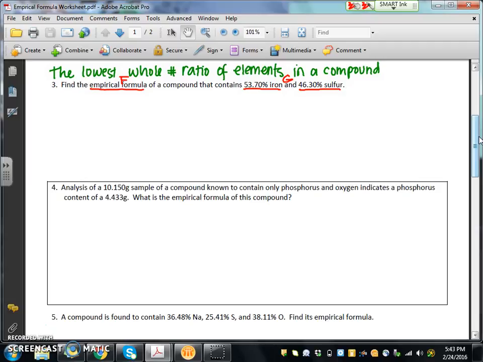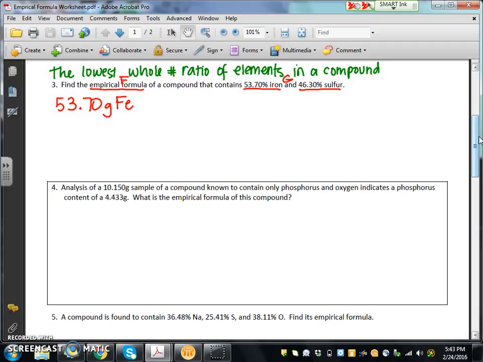So in our rhyme, the first step says percent to mass. Now, when we convert from percent to mass, what we do is we drop the percentage sign and we put a gram sign instead. So 53.70% iron becomes 53.70 grams of iron.